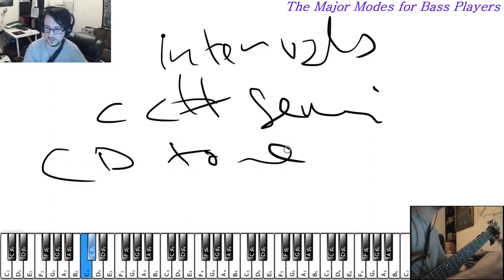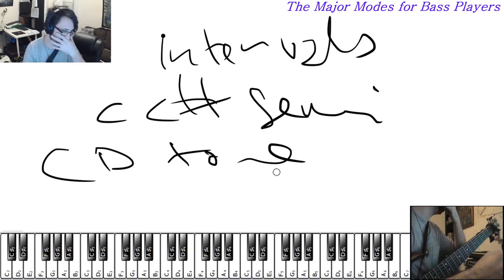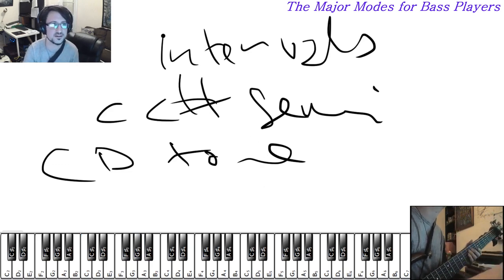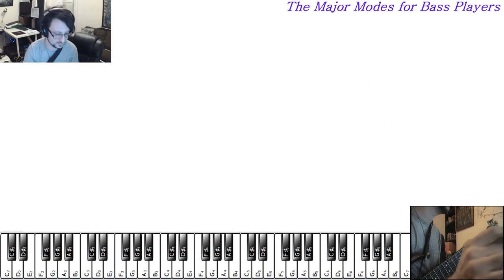And then we're going to list all the intervals in between so we know what every note of the chromatic scale is, but we'll come back to that when we get to that section.